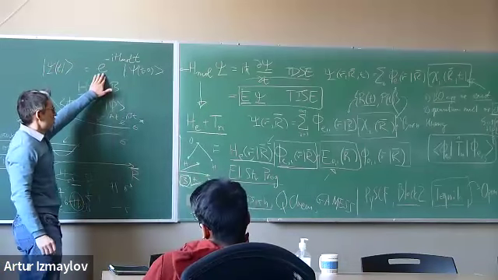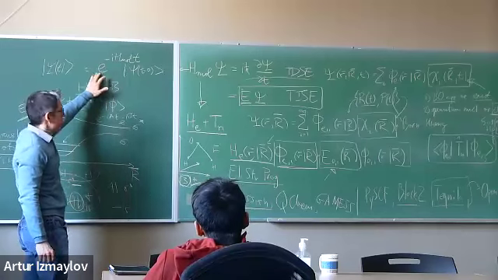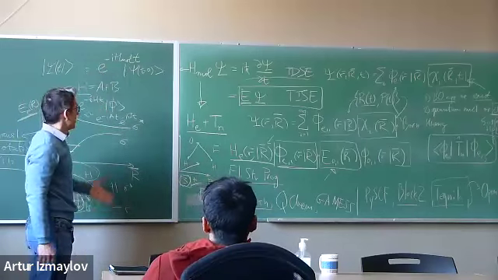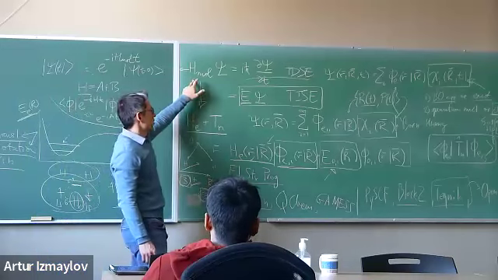So this exponential operator is called the evolution operator. You can write it formally, and if you put this in the Schrödinger equation, it will solve it.